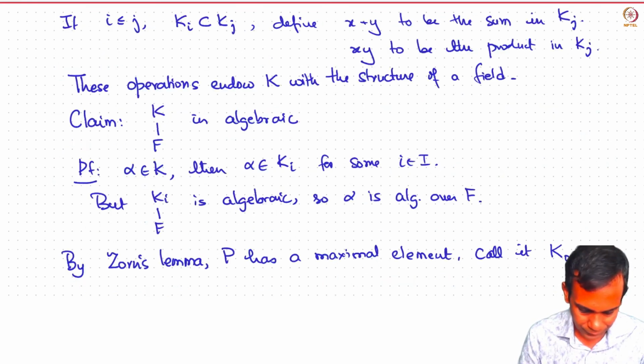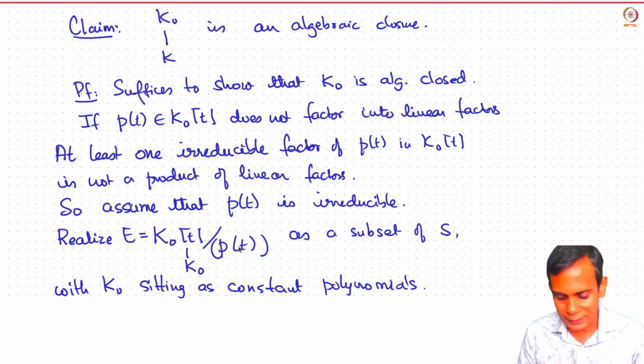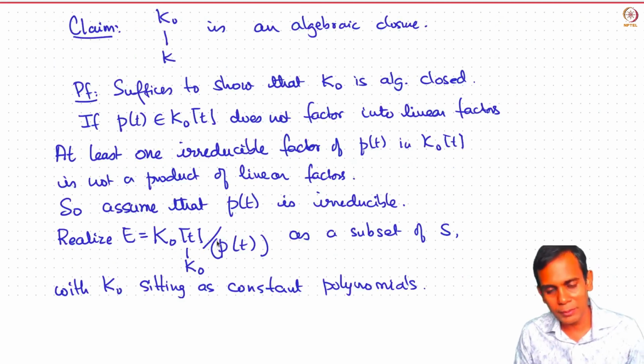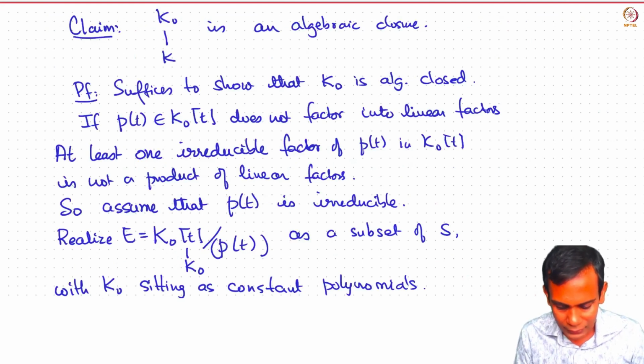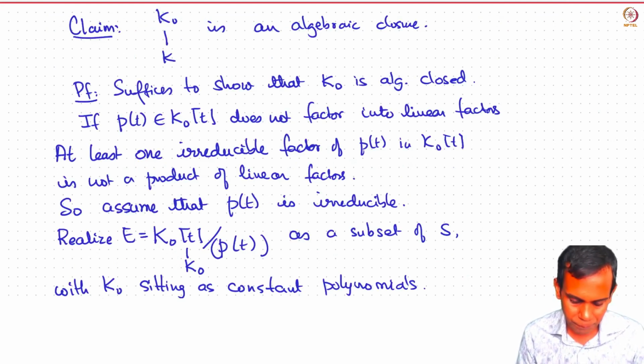So then there's enough space inside S to take this polynomial ring and embed it inside S in a way that it puts K0 as constant polynomials.